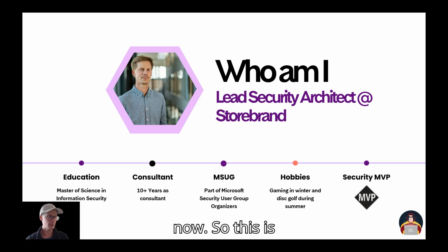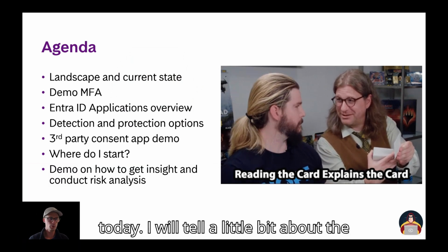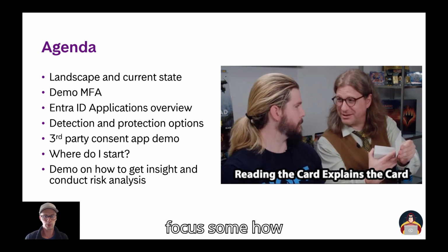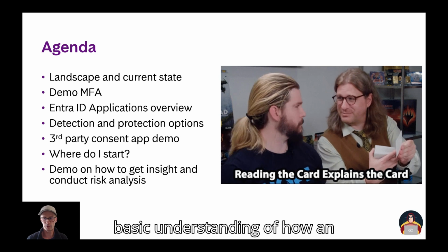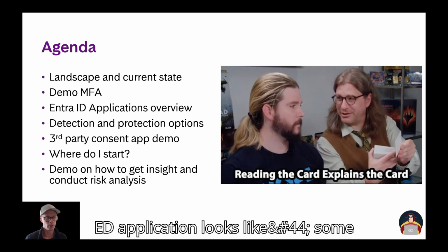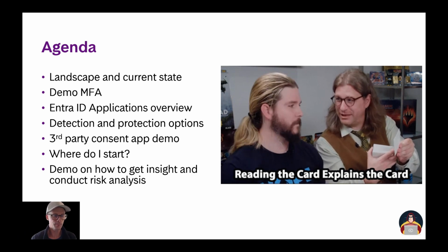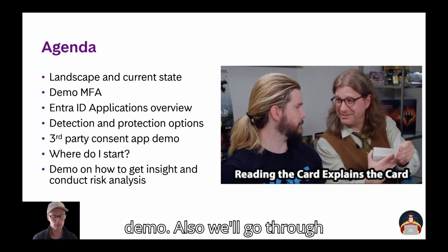So this is what I'm planning to go through today. I will tell a little bit about the landscape around identity, showcase how you can bypass MFA, give a basic understanding of what an Entra ID application looks like, some detection and protection options, and a third-party consent application demo.